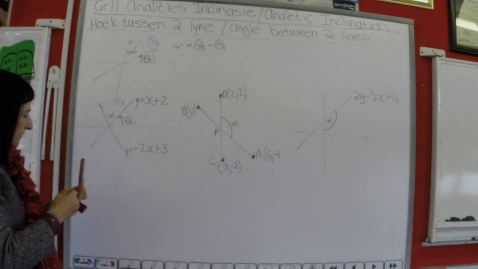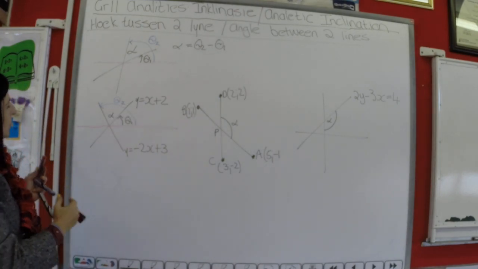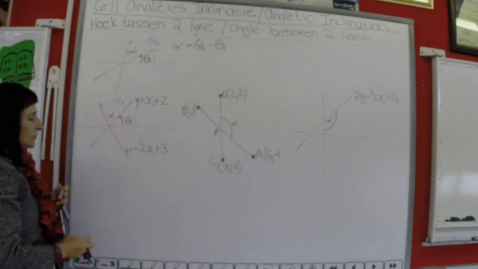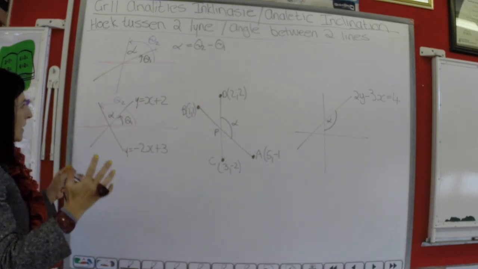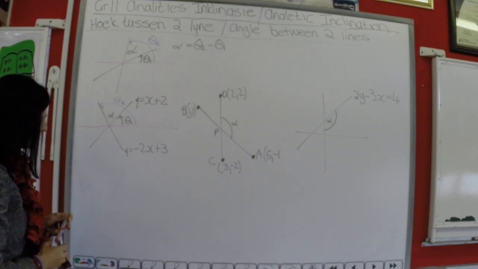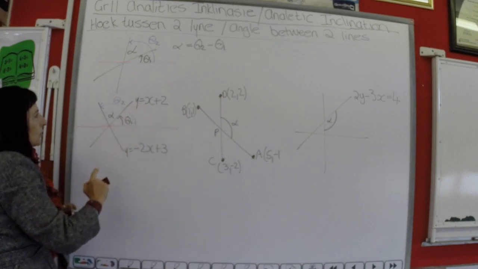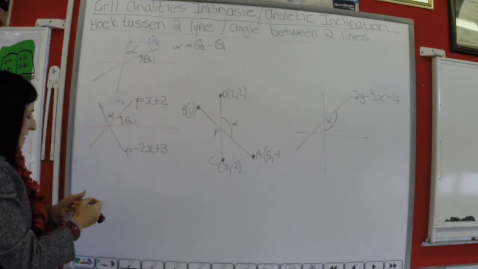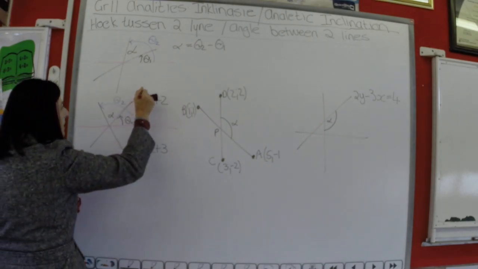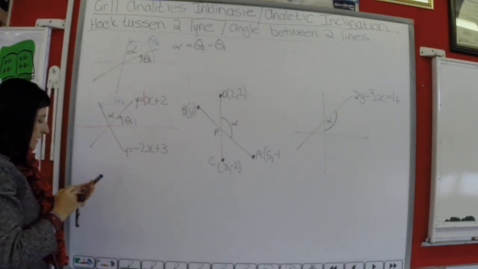So let's do that first. After that, we can deduct theta 1 from theta 2 en dan kry ons vir alpha en dit is wat gevra is. Nou, as ons gaan kyk na die naam van hierdie eerste lyn, dan sien ons sy gradiënt is gelyk aan 1 and that's what I'm interested in.